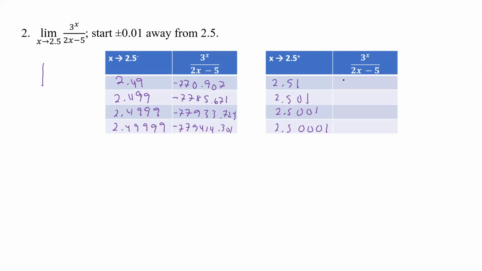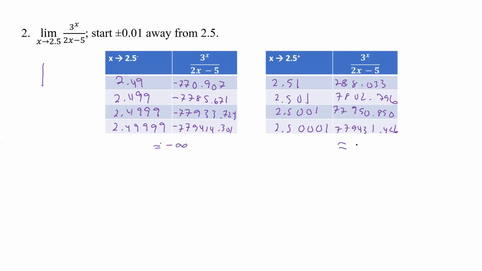And this one was 788.033, 7802.796, 77950.850, and 7794311.426. So like I said, this one, it looks like it's going to approximately negative infinity.